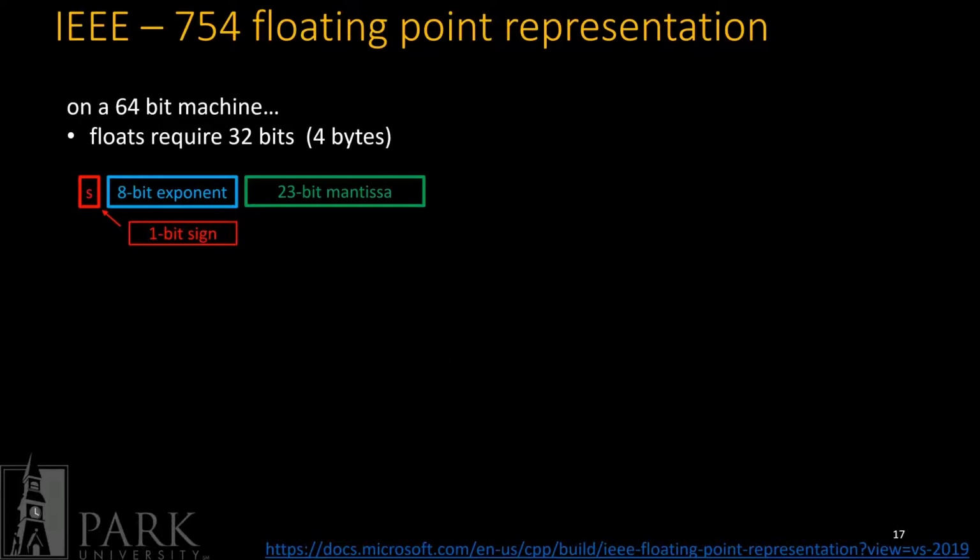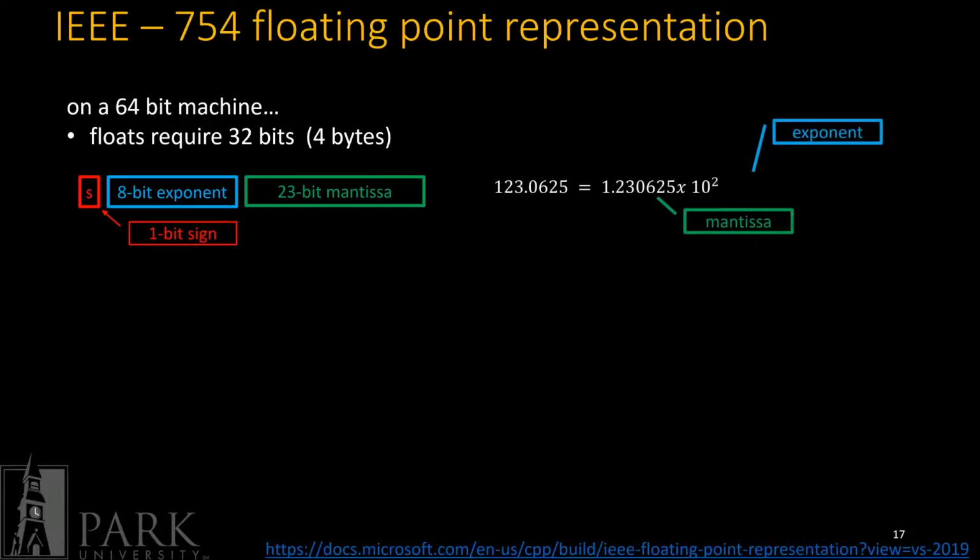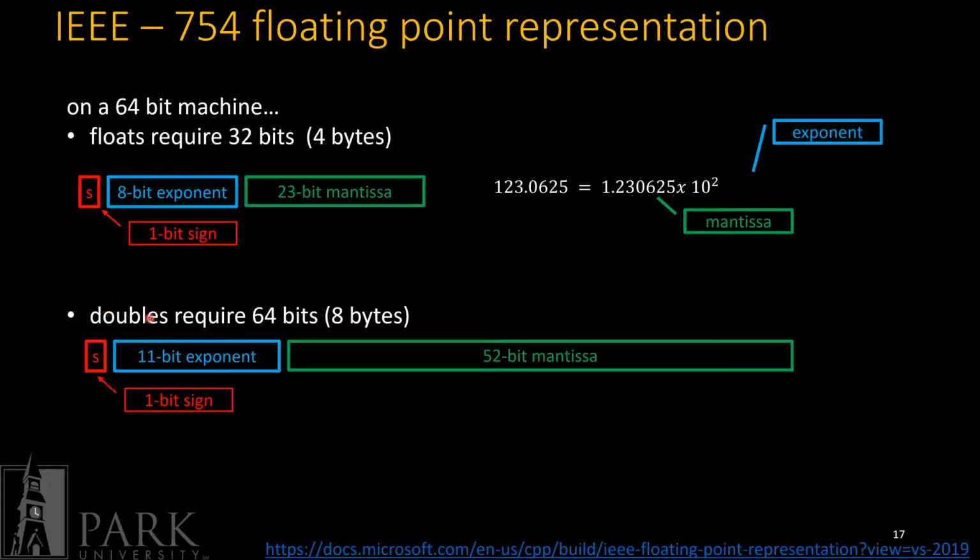Now, it's a version of scientific notation, and if you're a little rusty on that, scientific notation is simply the mantissa times 10 to some power, right? That's the exponent, and then we have our mantissa. So this is for the 32-bit version of it. Now, if we're on a 64-bit machine and we have a double precision float, or a double, then we're going to have 64 bits available to us.